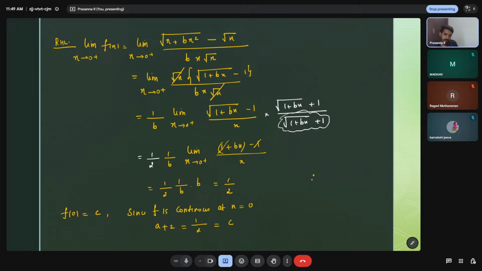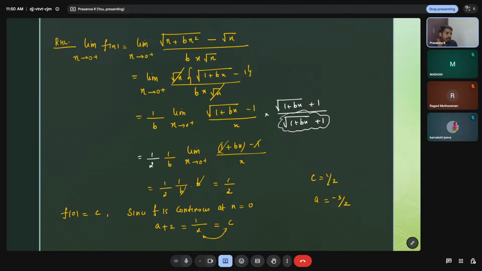So that means c takes the value 1 by 2, and a takes the value 1 by 2 minus 2, which means minus 3 by 2.